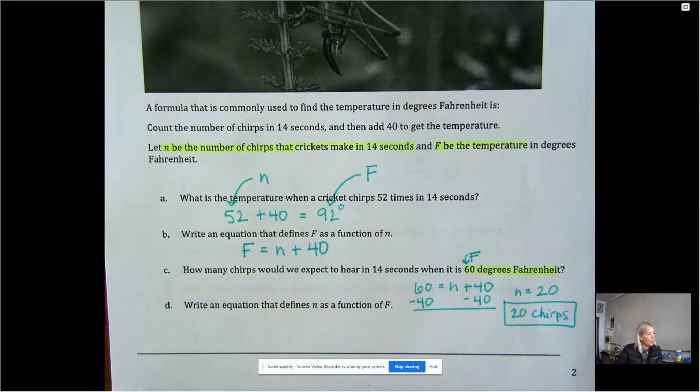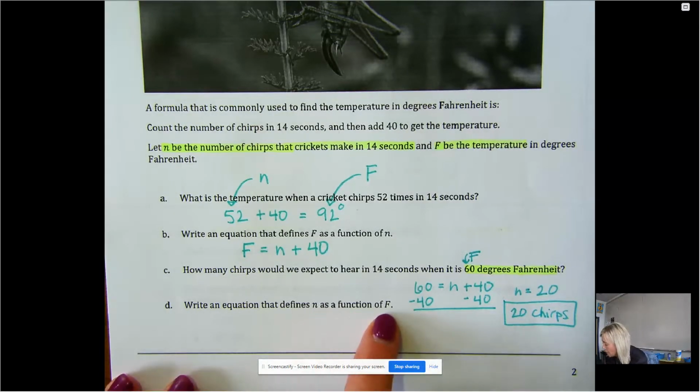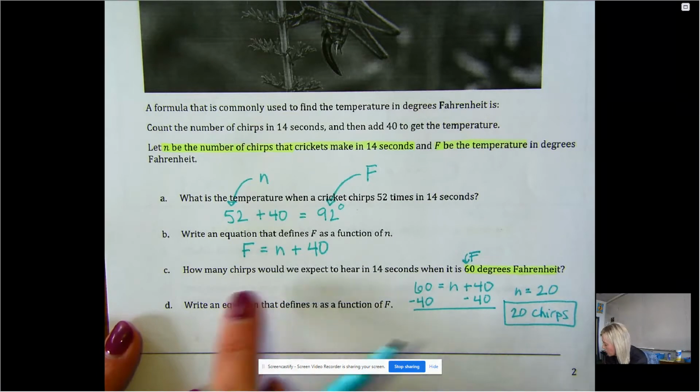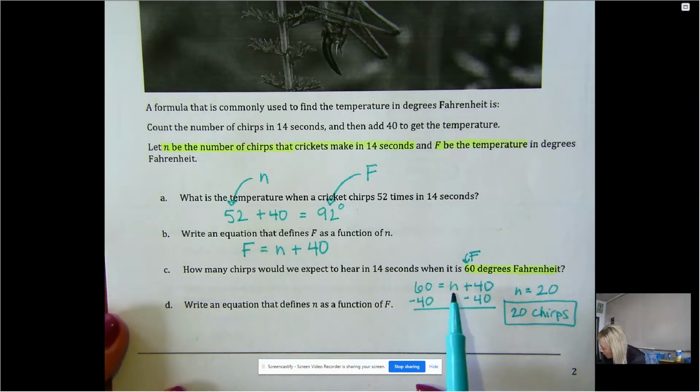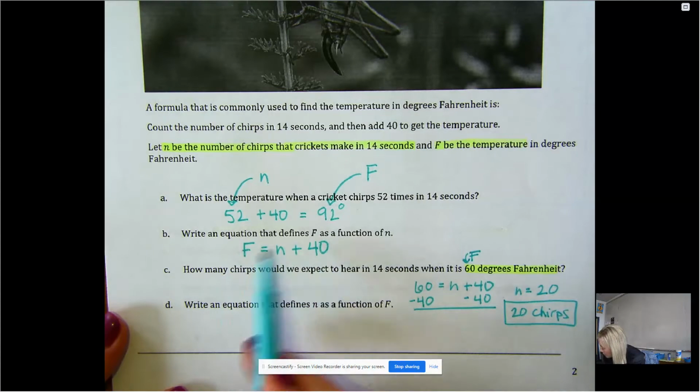All right, and then the last question, part D, is to write an equation that defines N as a function of F. Okay, so we are going to look at this equation.